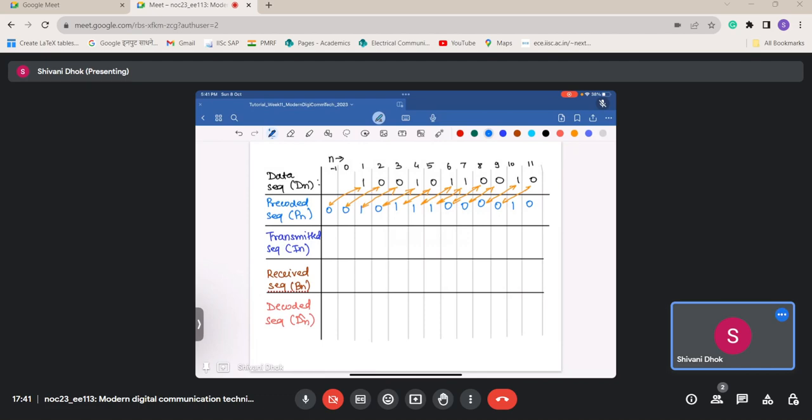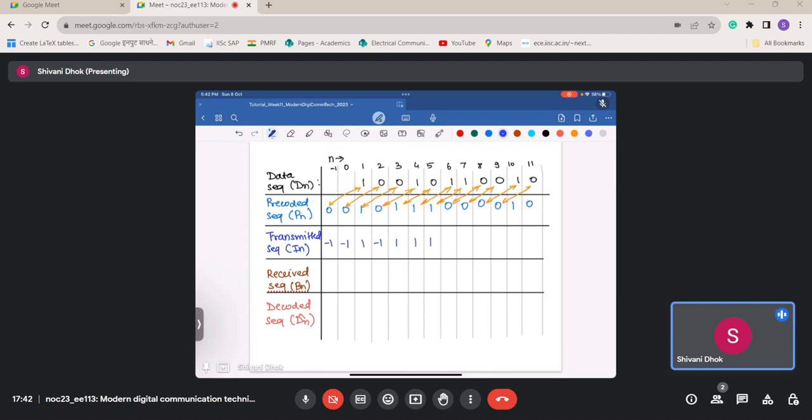So if your Pn is equal to 0, then your IN will be equal to -1. Again we have 0, -1. Now your Pn is equal to 1, so for 1 we have your IN as 1. Then for Pn equal to 0, again it will be -1. We have 1 here, so 1, again 1, again 1.